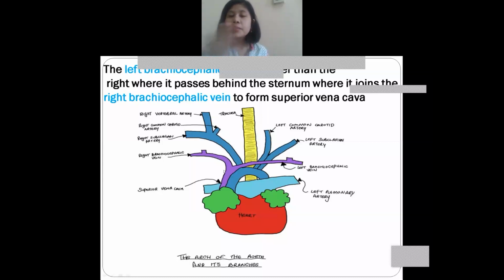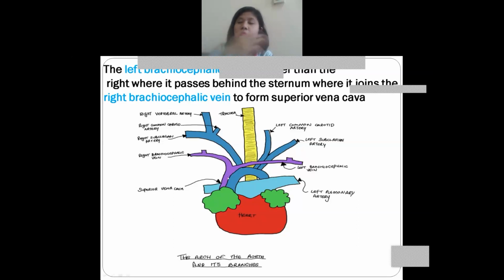They are situated behind it, at the back side. The left brachiocephalic vein joins the right brachiocephalic vein, and they unite together to form the superior vena cava, which is this.